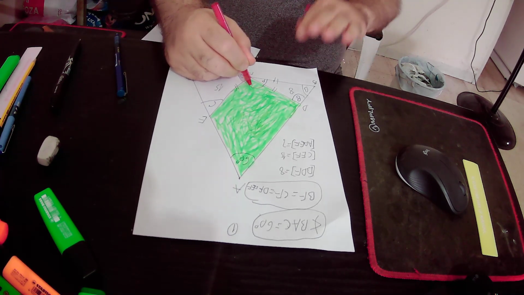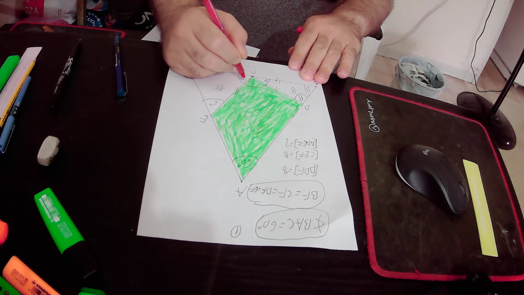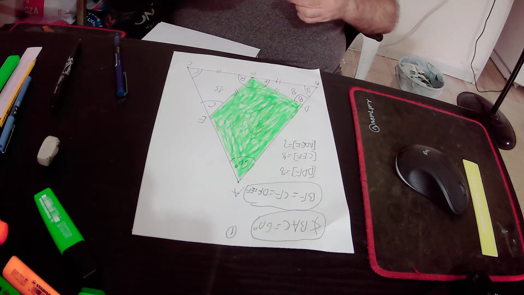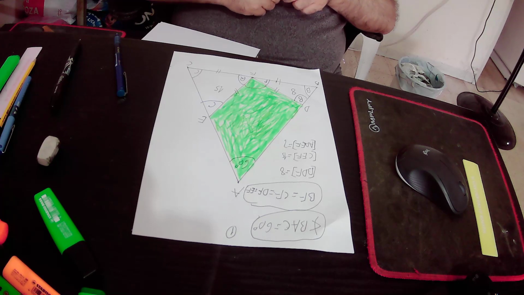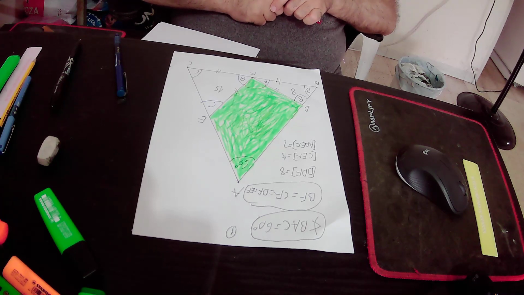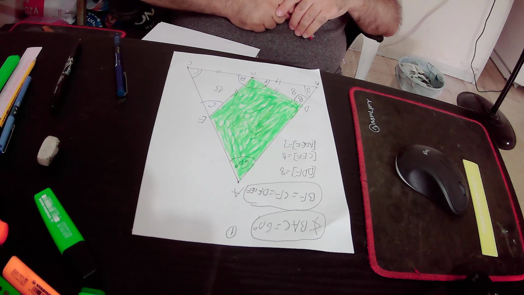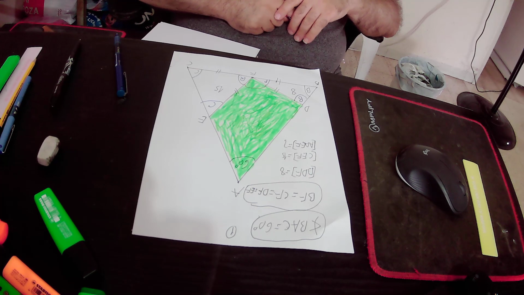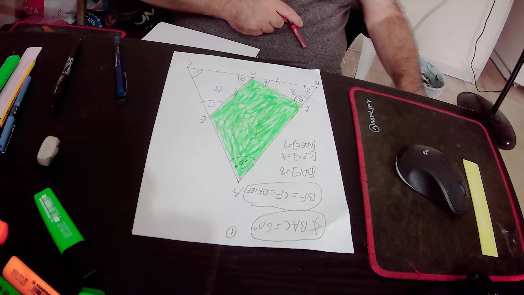The size of this angle, according to the rule that the sum of the angles on a straight line is equal to 180 degrees, will actually be rule number 3.